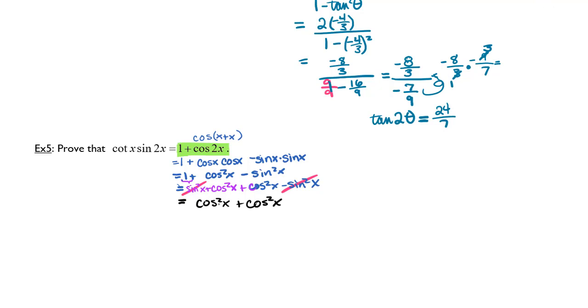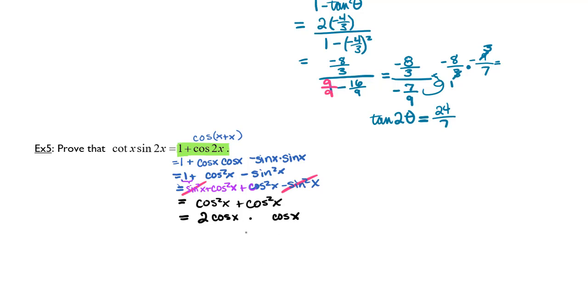I need to get a cotangent in here somewhere, and so I'm going to break these into pieces. I know that I have 2 cosine squared x. So I'm going to write this as 2 cosine x times cosine x.